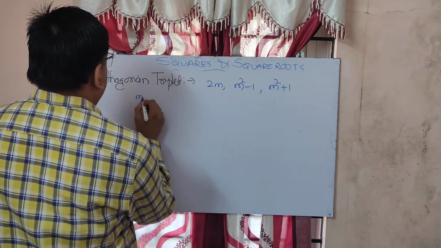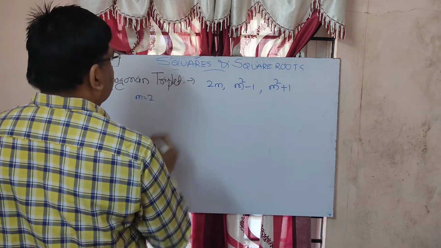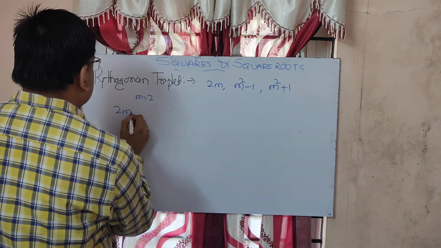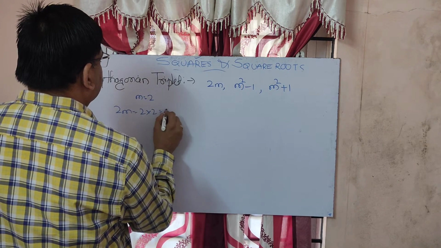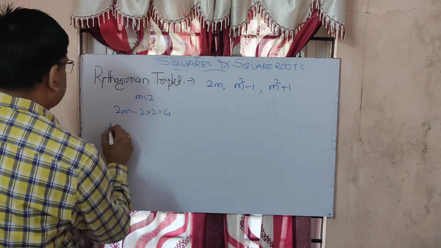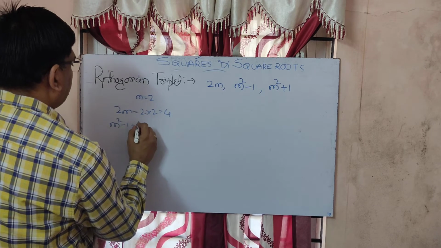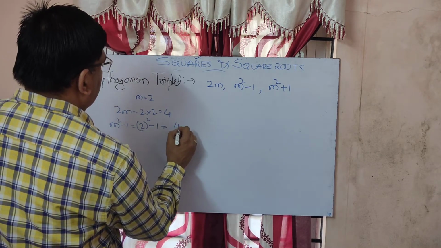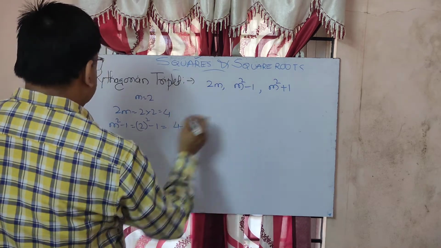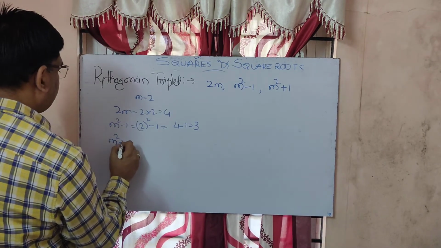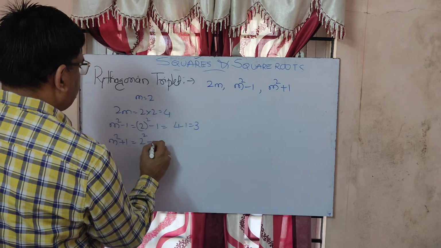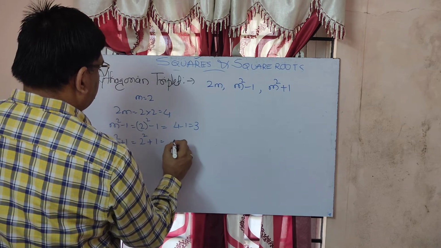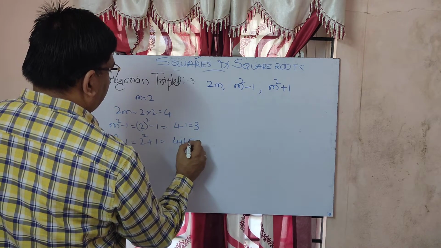So 2m is 2 into 2, that is 4. M square minus 1 is 2 square minus 1, that is 4 minus 1, that is 3. Next one, m square plus 1 is 2 square plus 1, that is 4 plus 1, 5.